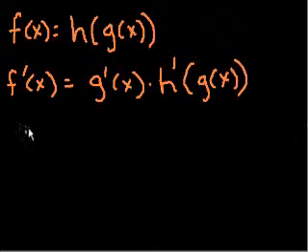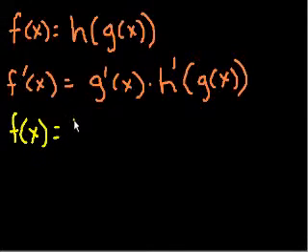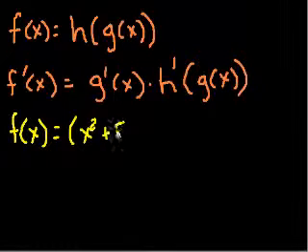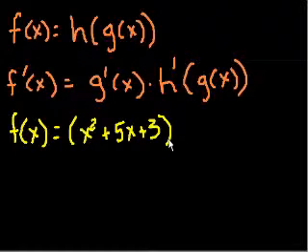So let's say we had f of x is equal to x squared plus 5x plus 3, all of this to the 5th power. So in this example, what's h of x, what's g of x?